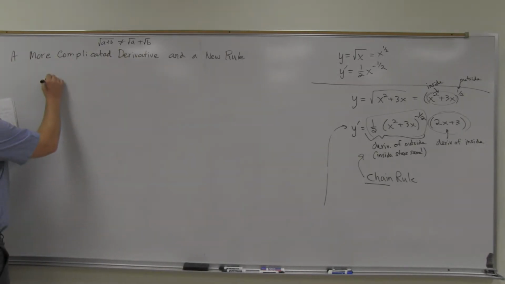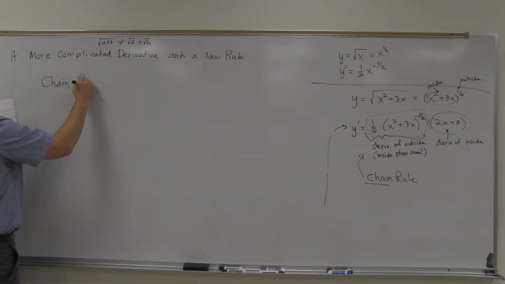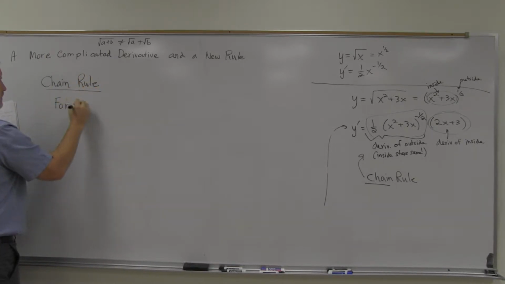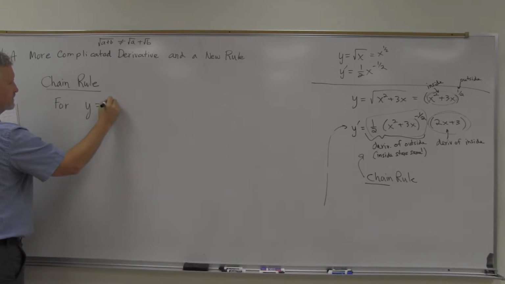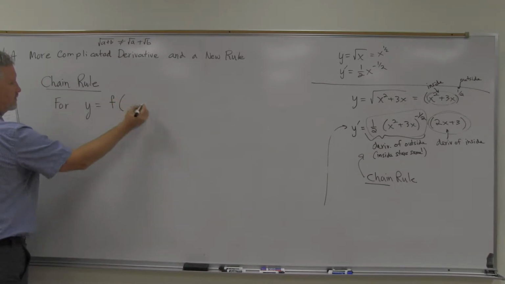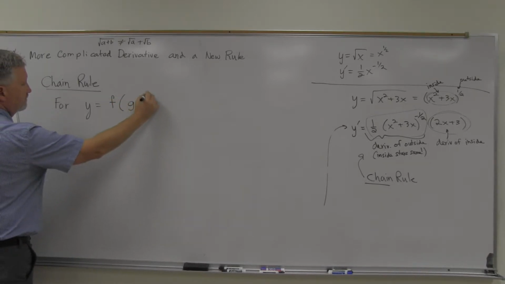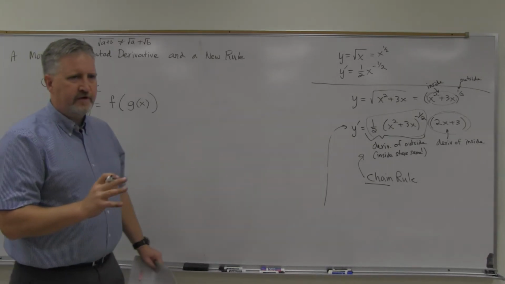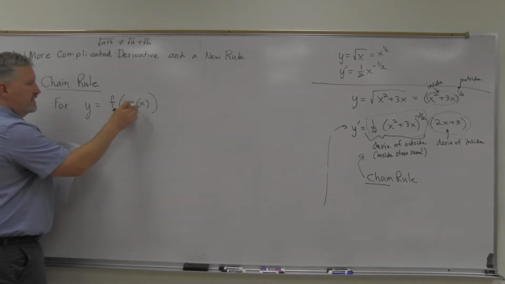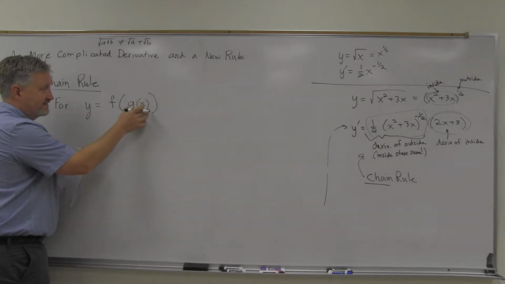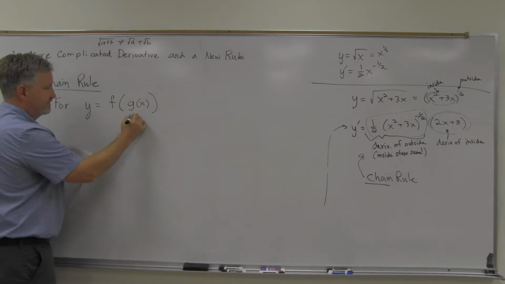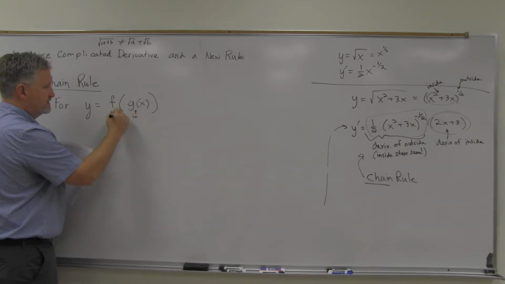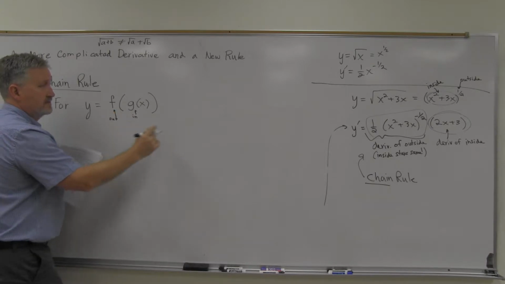Here's y equals f of g of x. Hopefully you see what I'm doing there. I've got an inside function and an outside function. The inside is the g, the outside is the f.